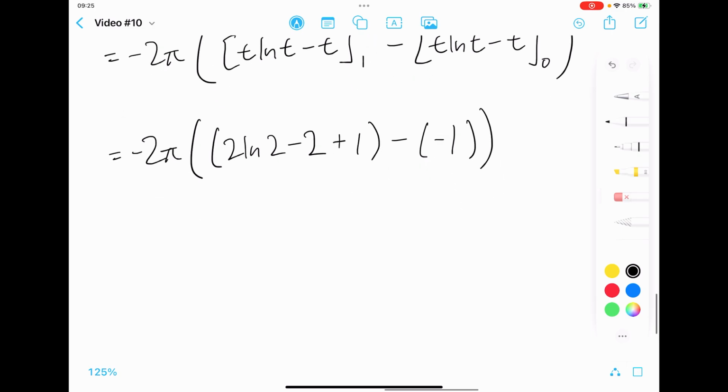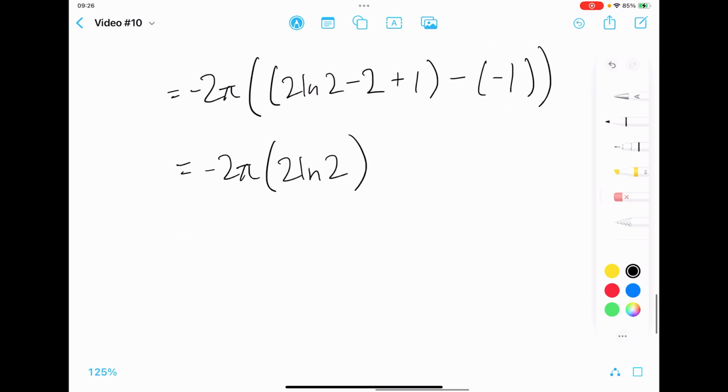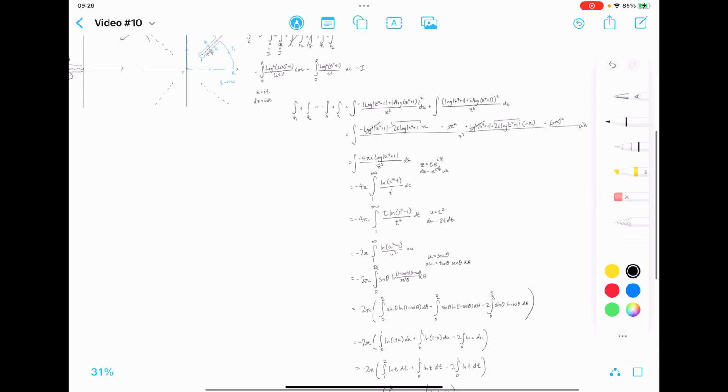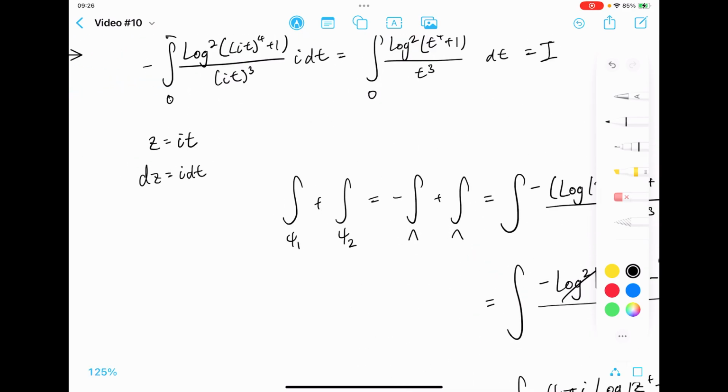Anyways, that gives us 2 pi times 2 natural log of 2 minus 2 plus 1 plus 1. So the final constants cancel out. And that leaves us with minus 4 pi times natural log 2. And remember, this was equal to psi 1 plus psi 2.